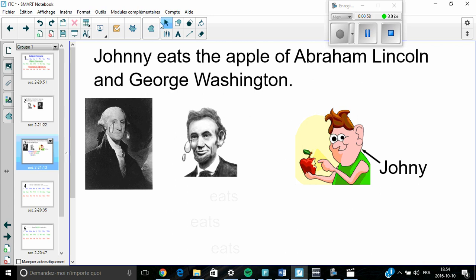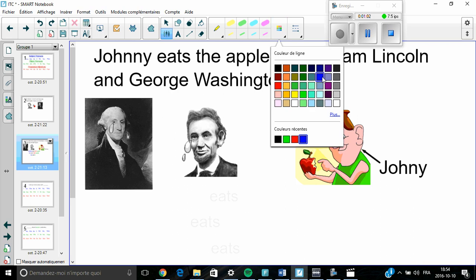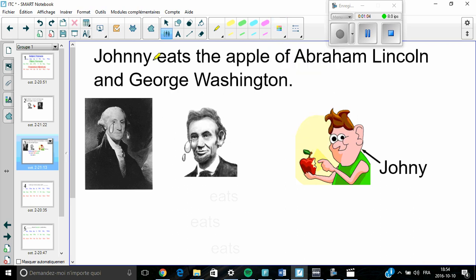It's pretty sad. So let's take the blue pen for the subject and ask ourselves, who is eating the apple? Is George Washington eating the apple? No, right? It's Johnny right there. He is the one eating the apple.